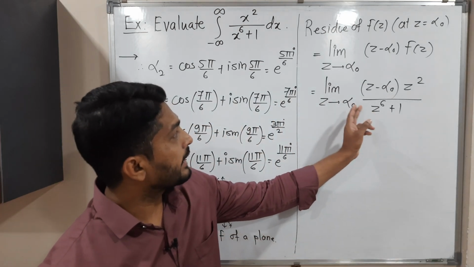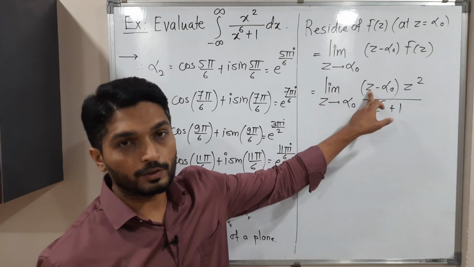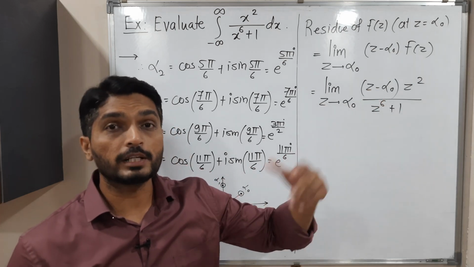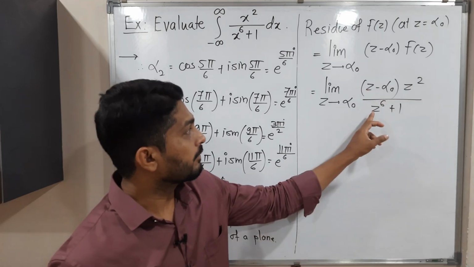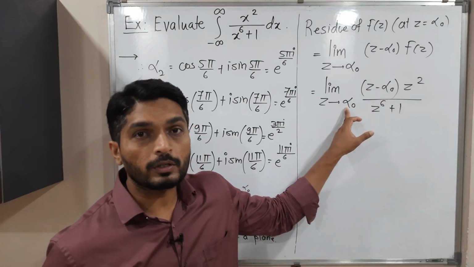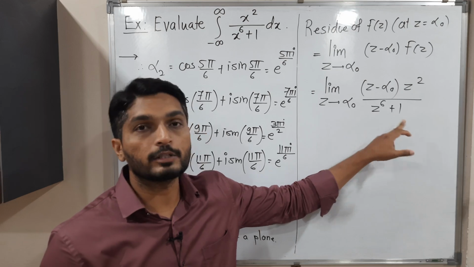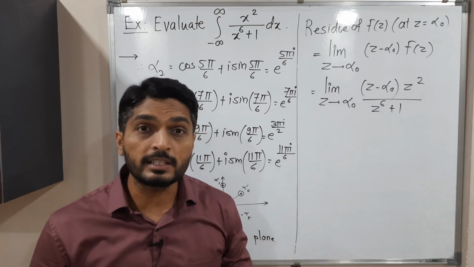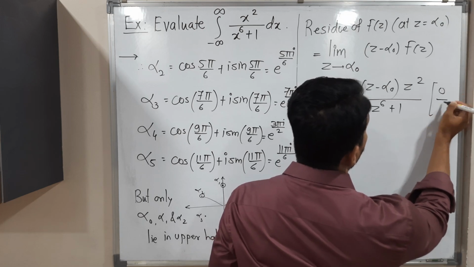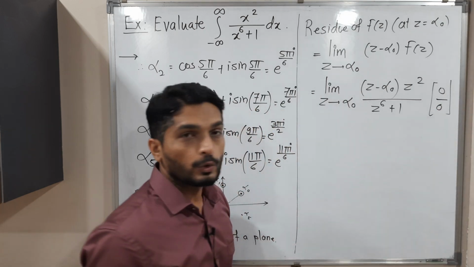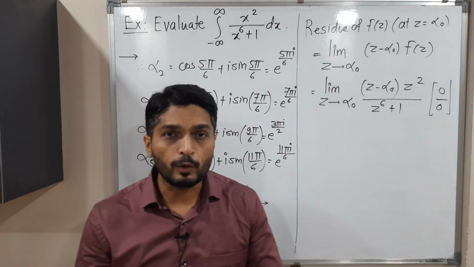This is my f of z. So the problem is that if I apply the limit and put z is equal to alpha naught, z minus alpha naught is 0. And alpha naught is a root of z raised to 6 plus 1, that means obviously it will give 0. It means we are getting 0 upon 0 form. Do you know what we do if we get 0 upon 0 form?